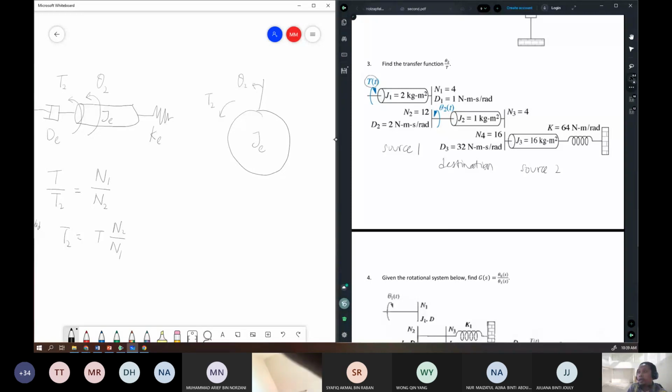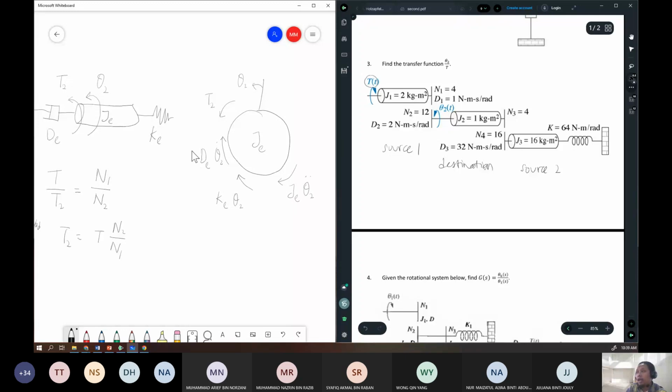And then we have a damper, so the effect of the damper is dE theta 2 dot. The effect of the spring is KE theta 2. And lastly, the effect of the inertia is JE theta 2 double dot.